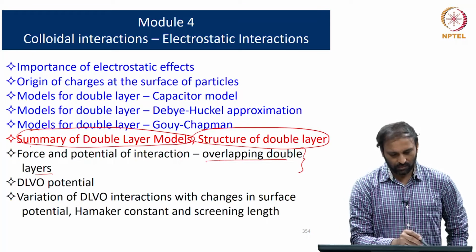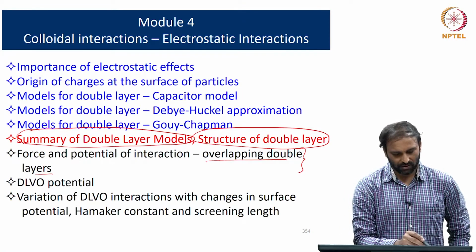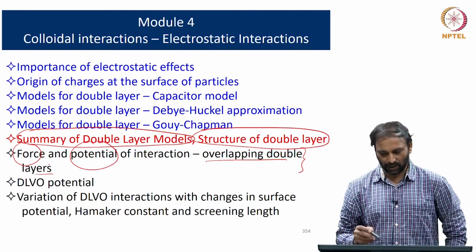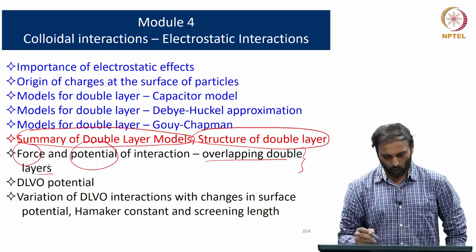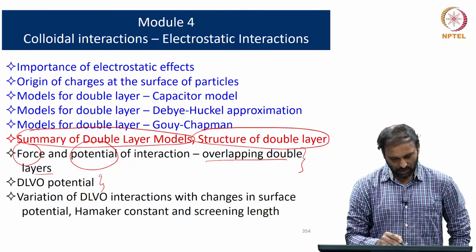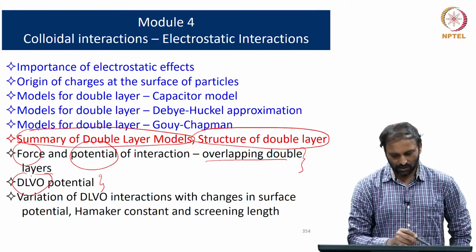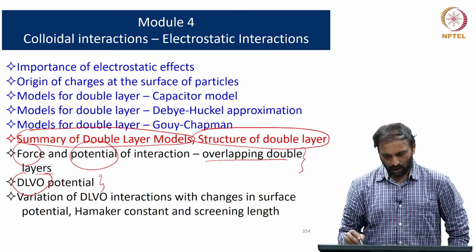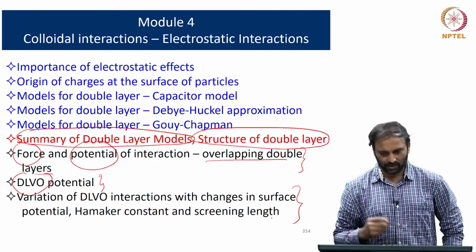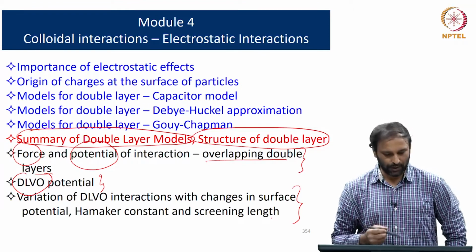We will calculate the force and the potential of interaction between the particles when there is overlap of the double layers. Then something called the DLVO potential, followed by how the DLVO potential varies for different cases. Okay, that is what we are going to do today.